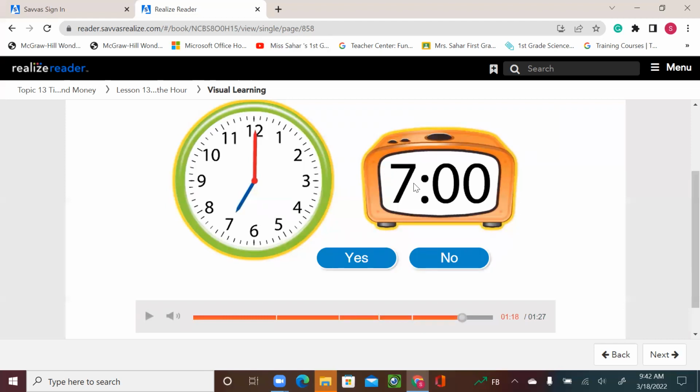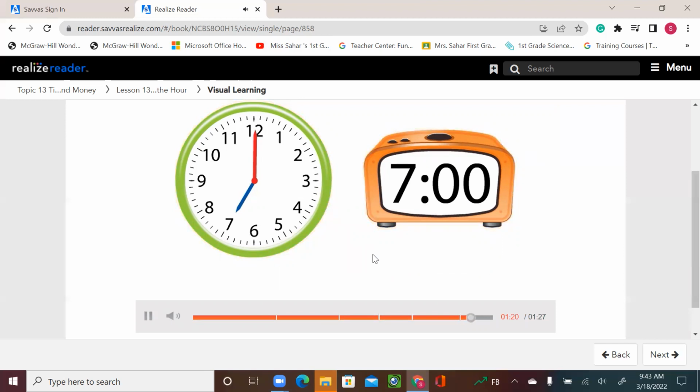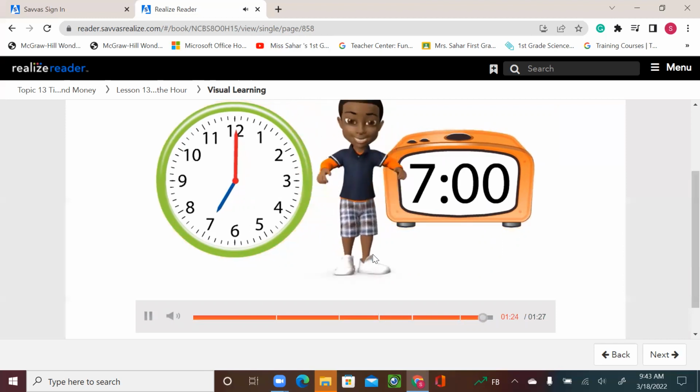I look at the digital clock and I can see that the number before the two small dots says 7, and then the two zeros mean no minutes, so it's 7 o'clock. So yes, both clocks show the same time. Now you know how to tell the time on two kinds of clocks.